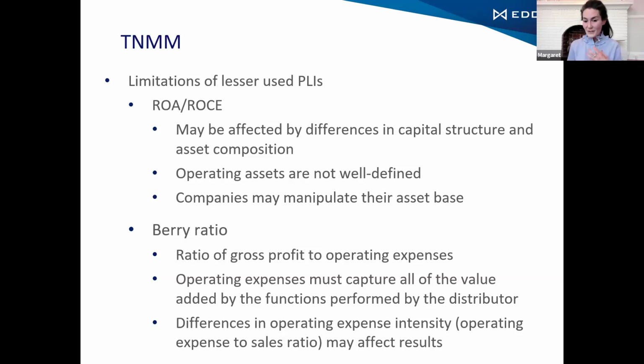My personal favorite PLI is the Berry ratio. That has made every partner I've ever had to report to cringe, because you're setting yourself up for having an argument from the tax authority if you pick that PLI, even if it's correct.